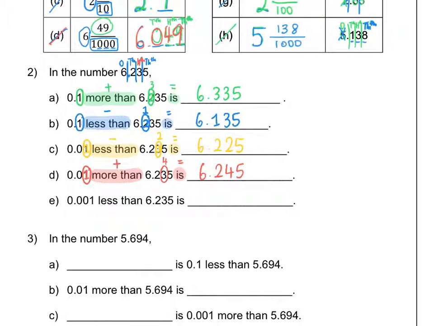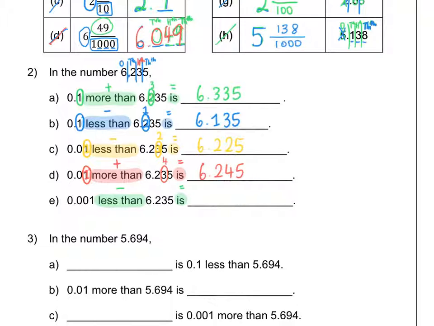6.245. And finally, the last part to this question, 0.001 less than 6.235 is what? So same thing, less than means minus, is means equal. You focus on 0.001, this digit over here.